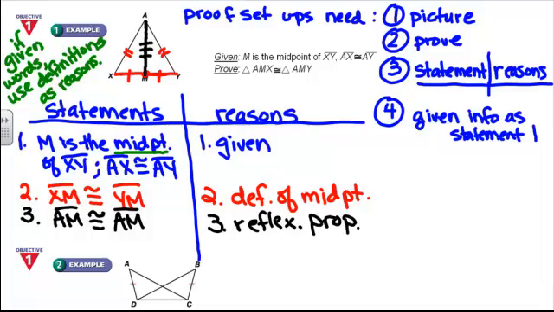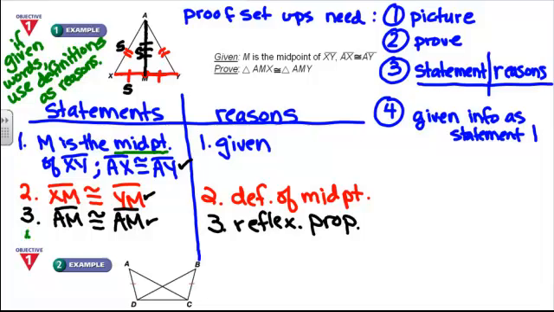Now you have to have 3 congruent pieces in order to say the triangles are congruent. And in my statements I do. 1, 2, 3. What these 3 pieces are marking is the side is congruent to the side, which is also congruent to the side. So this is a side, side, side congruent statement, which means I can write my very last statement, which is what I'm trying to prove.